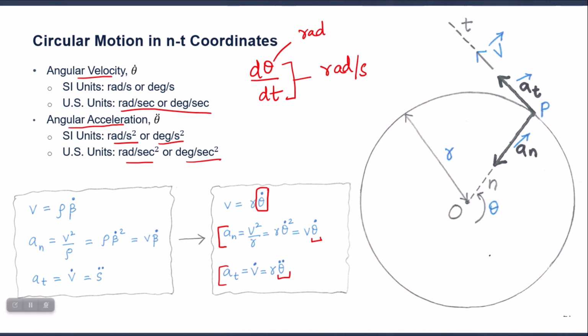So now you are also familiar with what angular velocity and angular acceleration are. The rate of change of theta with respect to time is angular velocity, so how fast theta is changing, right? And the second derivative of theta will become angular acceleration, right?